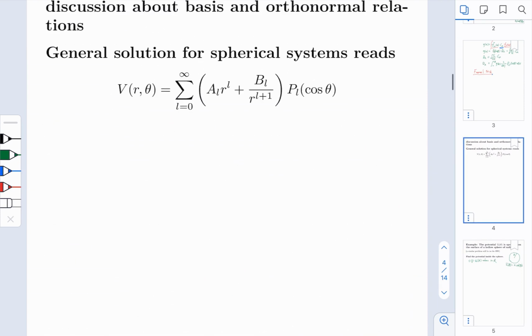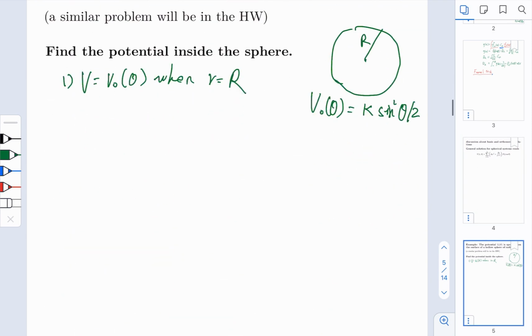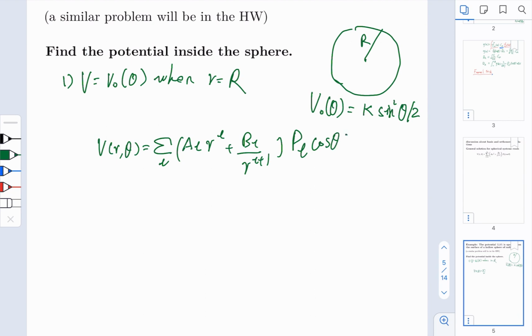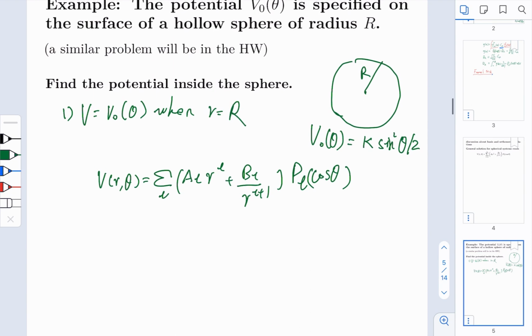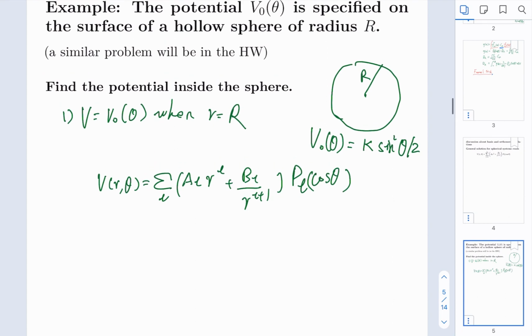By the way, I'll try to copy this expression over here. So in this problem, is this the only boundary condition that you want to consider, or is there any additional thing that's hidden in the problem? Anyone want to have a guess?